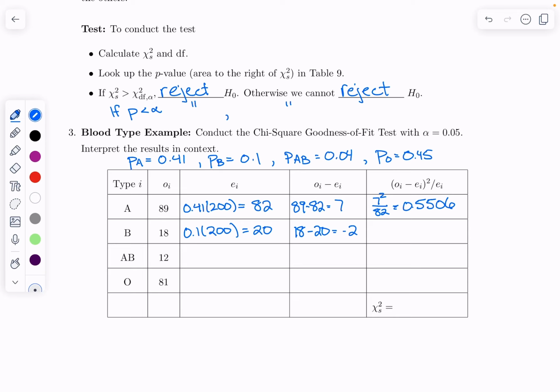And so we're going to take observed minus expected squared, -2 squared, and divide that by 20. So that's going to be 4 out of 20, right? Which comes out to 0.2.